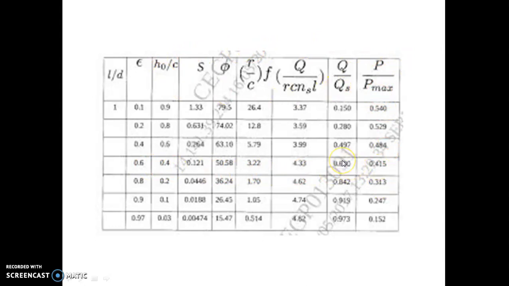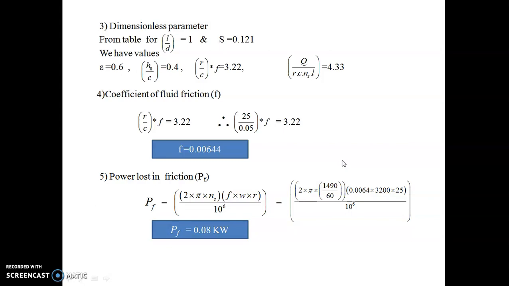From this table, for L by D equal to 1, S equal to 0.121, we have the values epsilon equal to 0.6, H0 by C is equal to 0.4, R by C into F equal to 3.22, Q upon RC ns L is equal to 4.33.